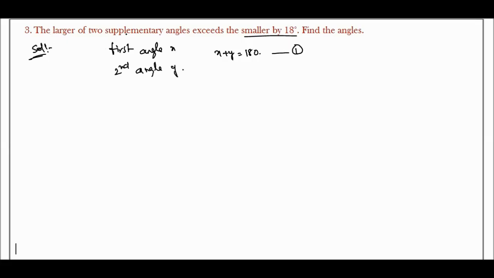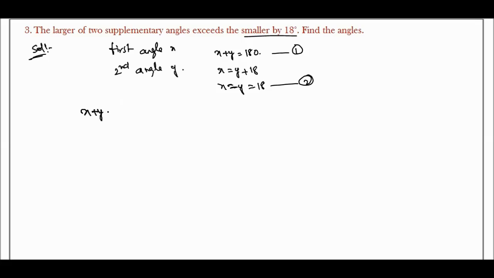And the second one is the larger supplementary angle exceeds the smaller by 18. So x is equal to y plus 18, we can take it as. So x minus y is equal to 18 will become the second equation.